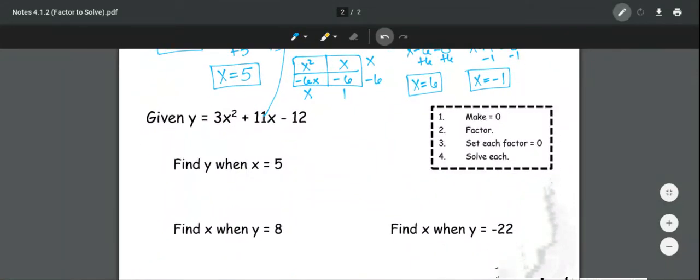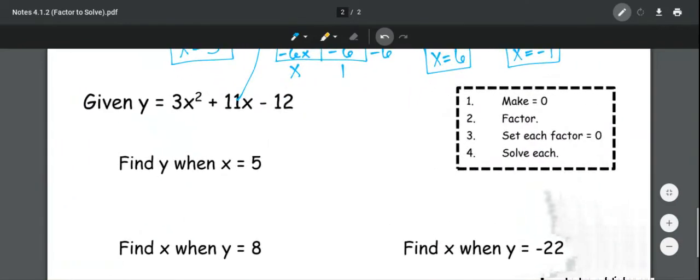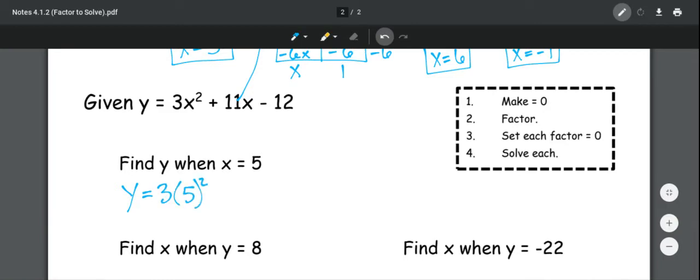Okay. Find y when x is 5. So I'm going to plug in a 5 for my x wherever I see it. That's 3 times 5 squared, which is 25.